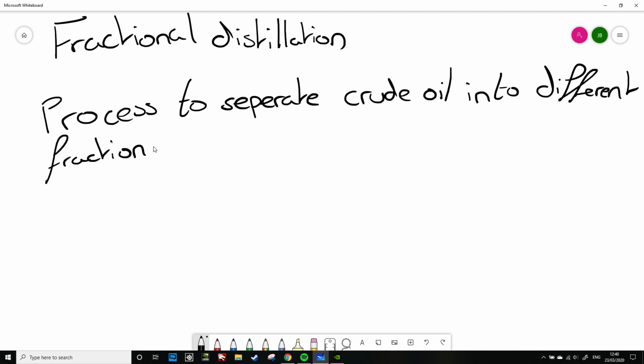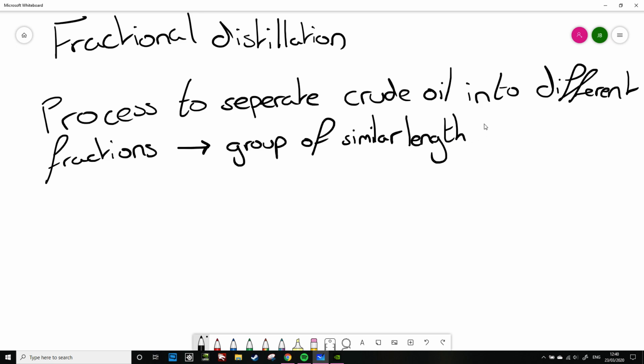And what I mean by a fraction is a group of similar length hydrocarbons.